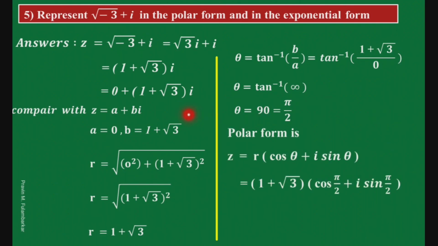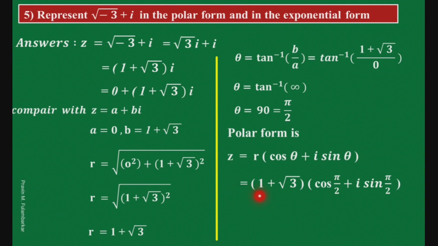So we write here the polar form is z = r(cos θ + i sin θ). So we replace this r by 1 + √3 and θ by π/2 in each term. So this is the polar form.